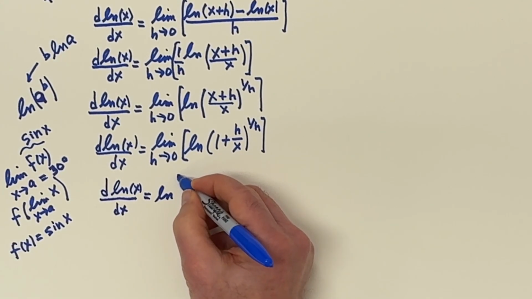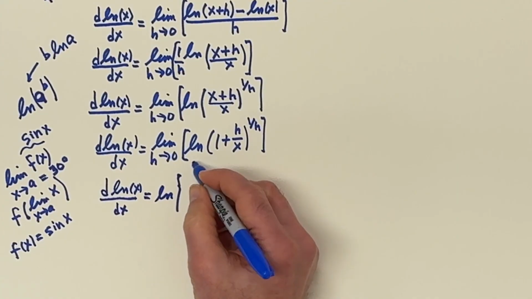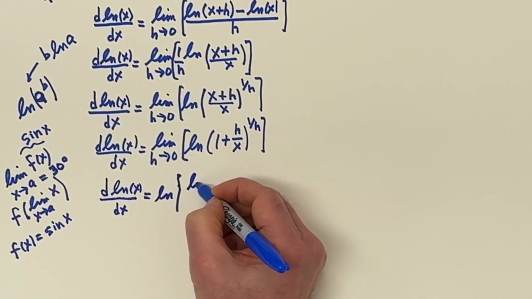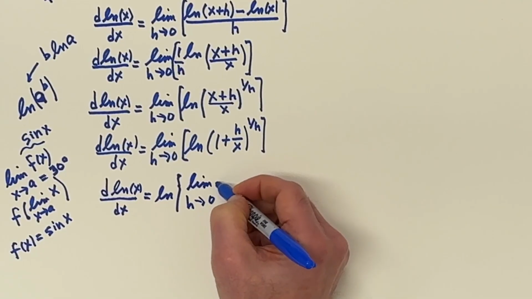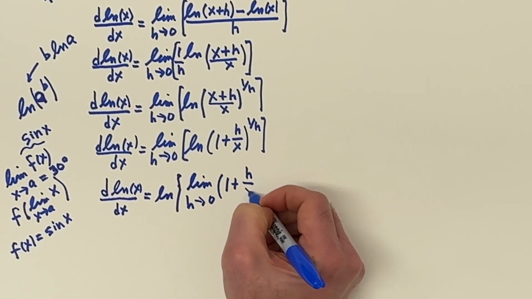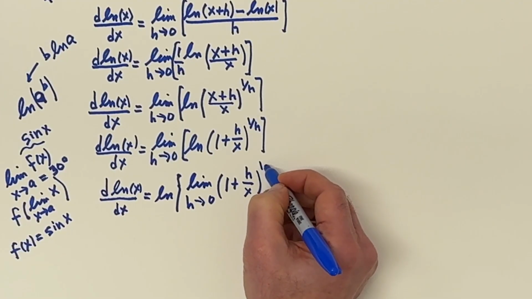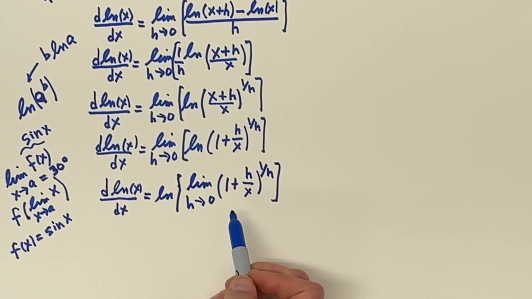We'll have the logarithm on the outside, and the limit goes in. So here's the limit as h goes to 0 of 1 plus h over x to the 1 over h. All right, so we've moved it in.